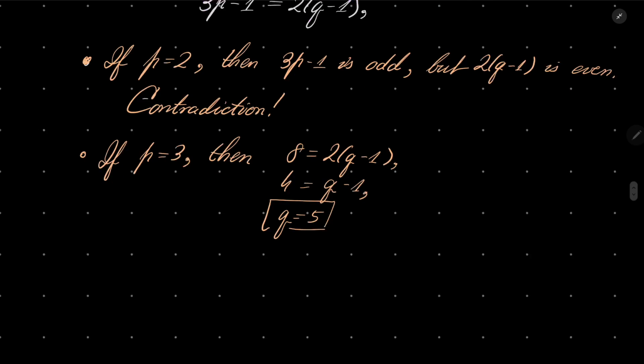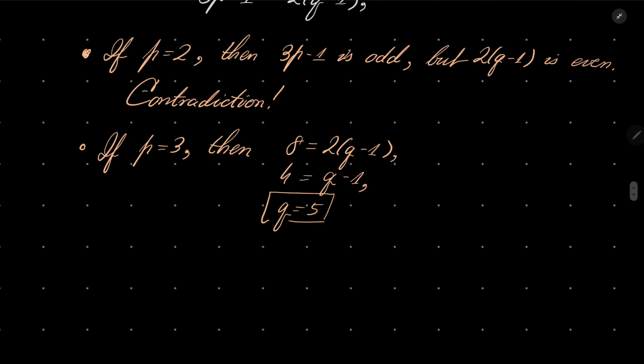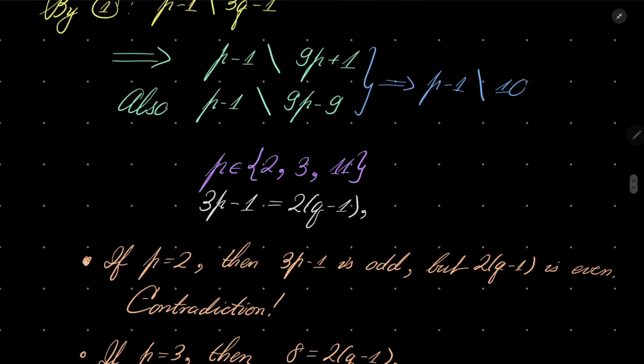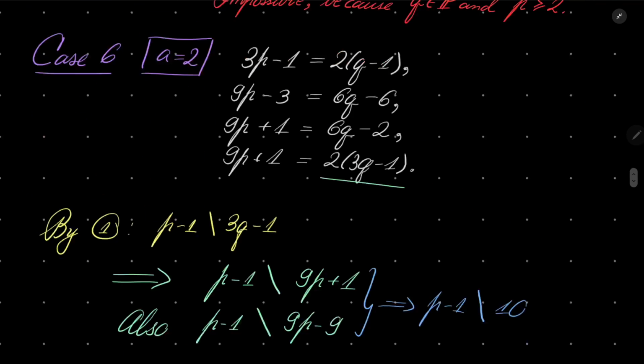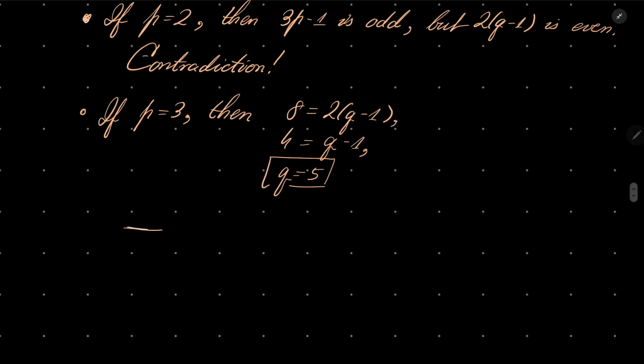But I will show that here we have a problem, because that means, I will play the same game, that for every integer k, k to the power 3 times 3 times 5, which is 45, should be congruent to k modulo 45.